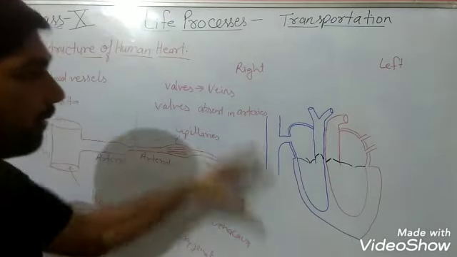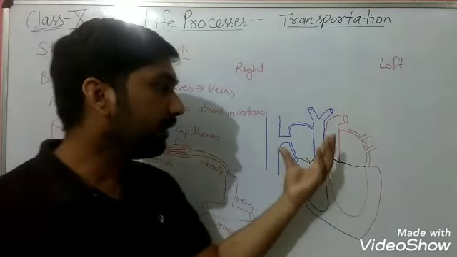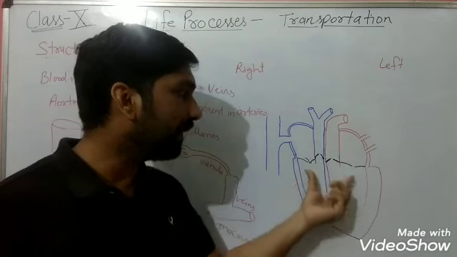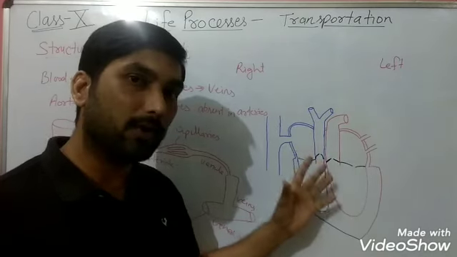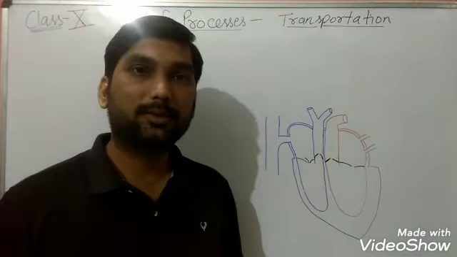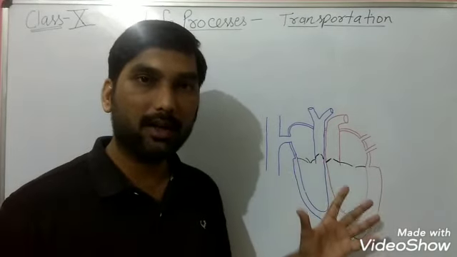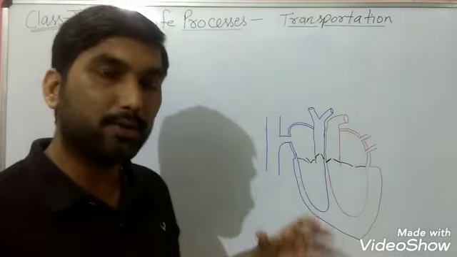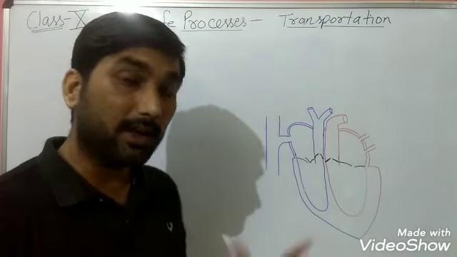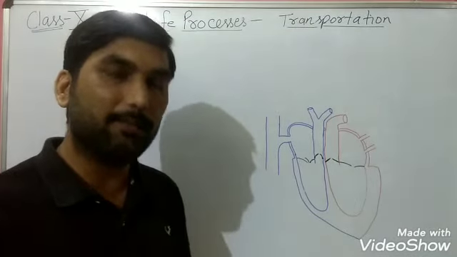So this was all about the anatomy of the human heart: what the four chambers are, and what the valves and blood vessels are. So my dear students, that was all from the anatomy of the heart. Now, it's taking too much time to cover anatomy and physiology both in the same video.